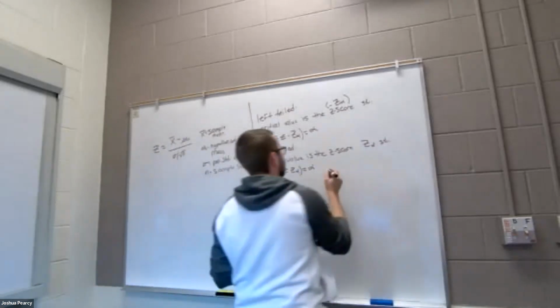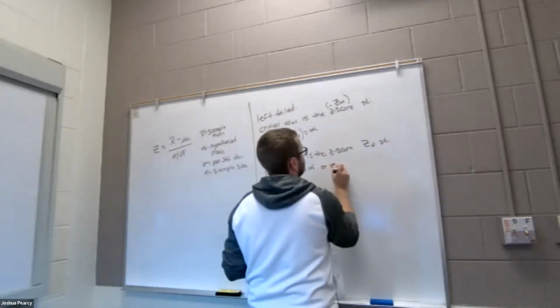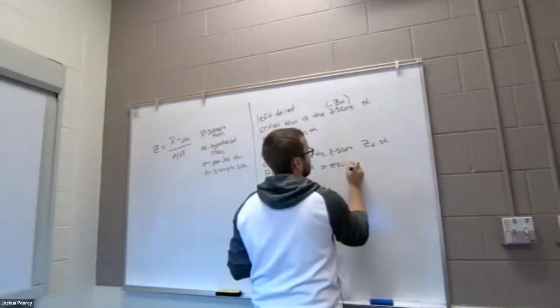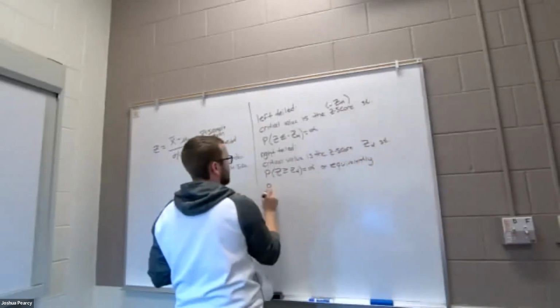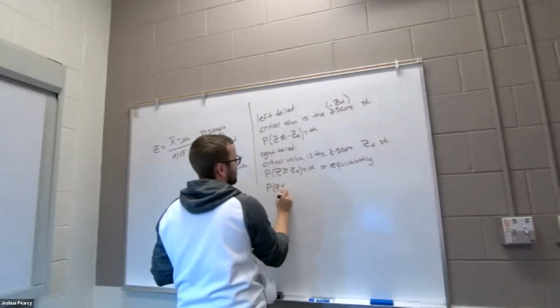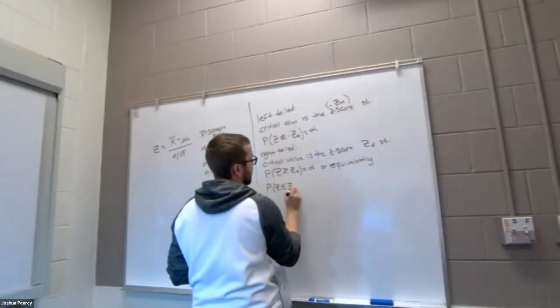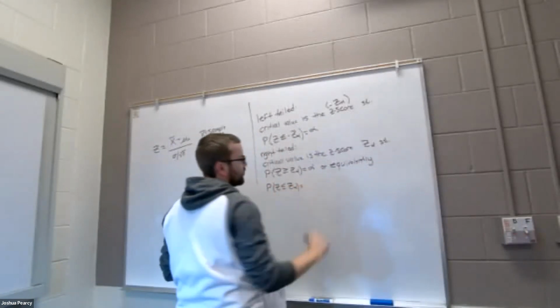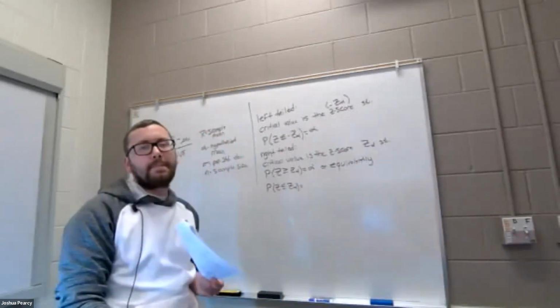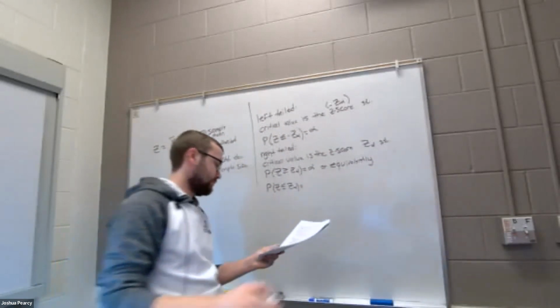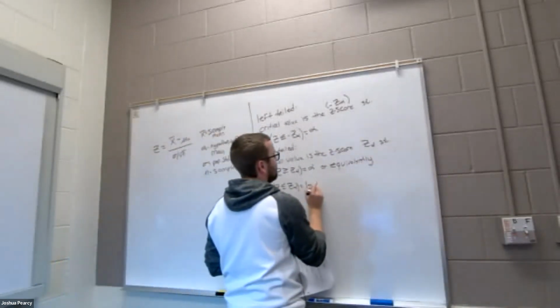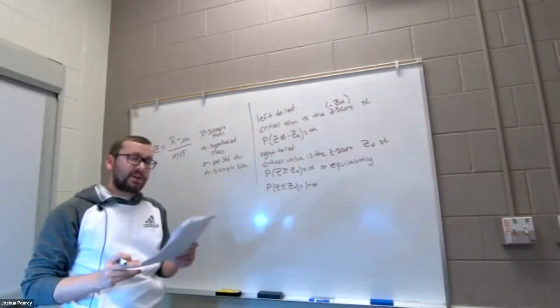Or equivalently, the probability of z being less than or equal to z alpha is equal to what? That's just the area to the left of it. 1 minus alpha. We'll pick up there next time.